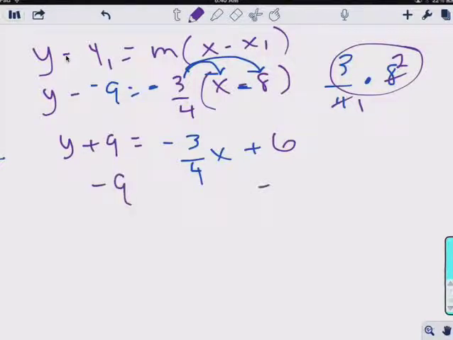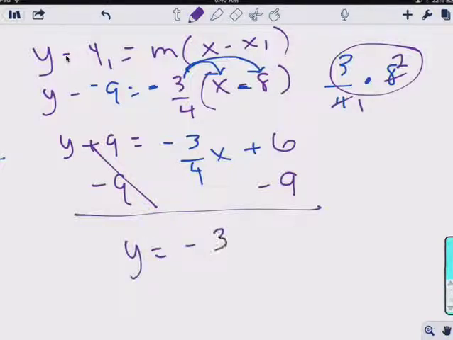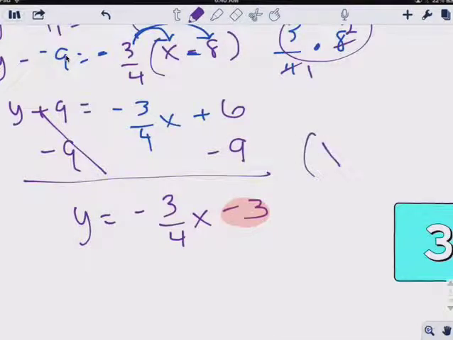Minus 9 to both sides. y is equal to negative 3 over 4 x minus 3. So your y-intercept is negative 3. Okay, so it's 0, negative 3.